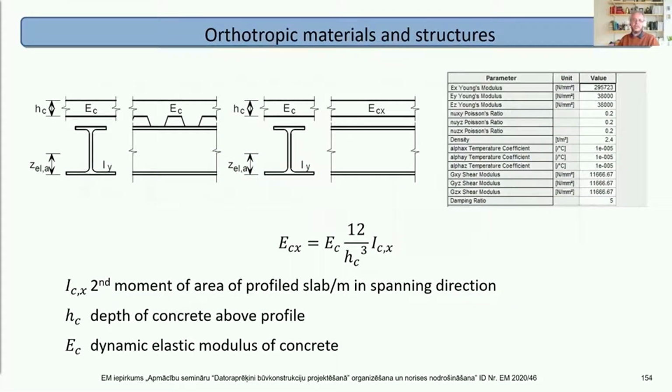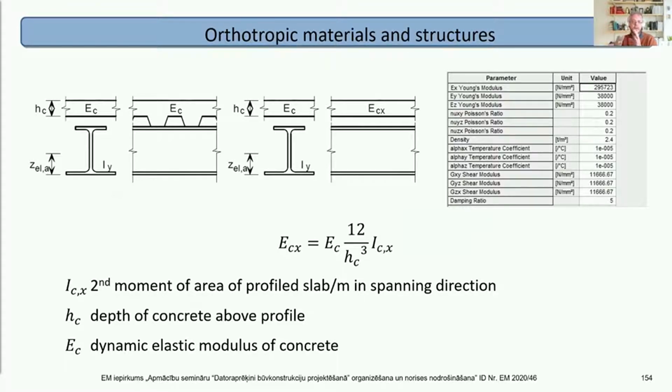And we talked about orthotropic materials for rib slabs. We've essentially got a rib slab here, except this is a profile decking. So this would be a situation where we're modeling the composite beams for floor vibration.